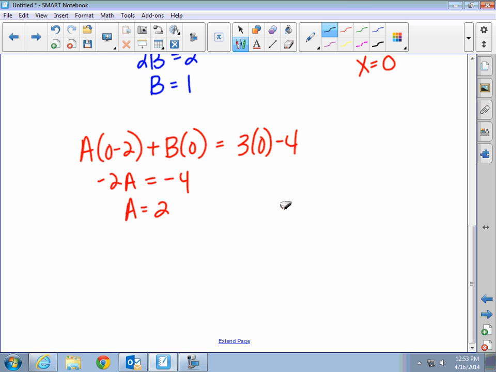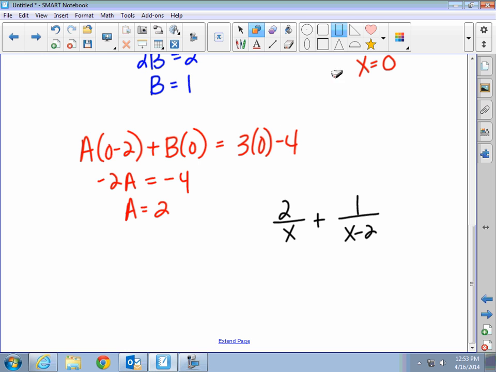Sean, I want you to go ahead and multiply this out for me. And you will get 3x minus 4 over x squared minus 2x. It's just taking it and splitting it in parts.